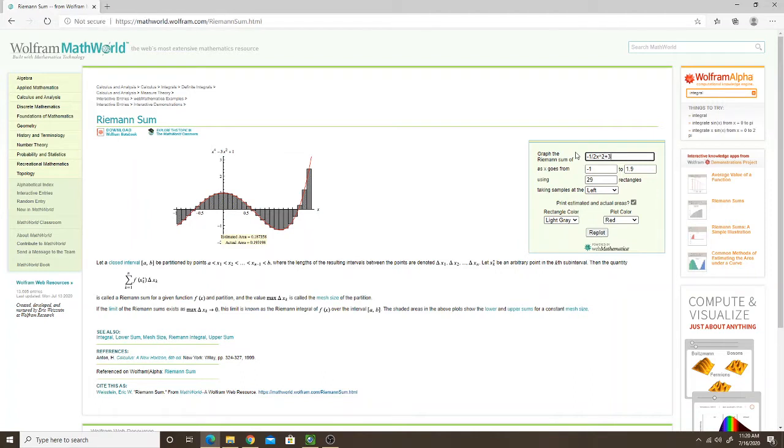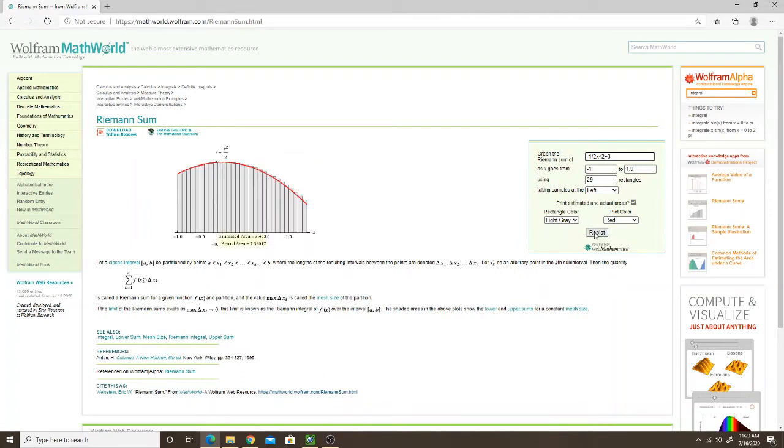So I'm going to say replot. Oh, but I need to do this between -2 and +2. And I'm going to say replot. There you go. Then we get this picture that we're used to seeing.